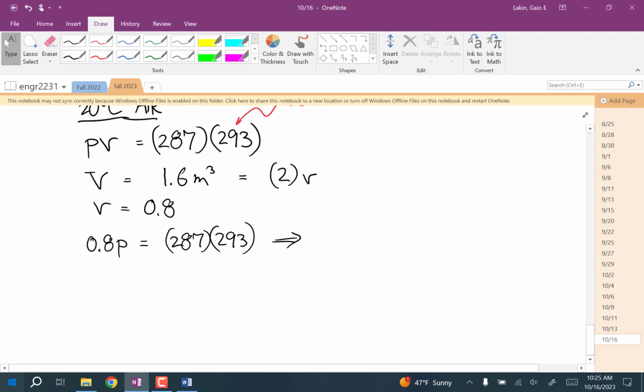And that tells us that this is the starting pressure, which is equal to 1.05 bar.